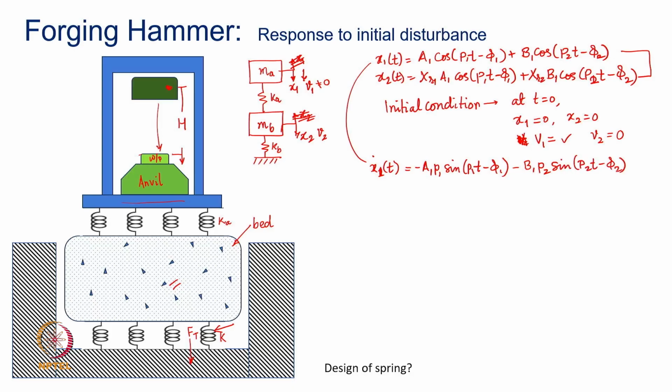Likewise, you can get the expression for x2 dot, and once you get this equation, you substitute these 4 initial conditions and get a1, b1 and phi 1, phi 2. Once you get those, you can substitute them back into these general solutions to get an exact solution of the system, which will be valid for this kind of an initial condition.